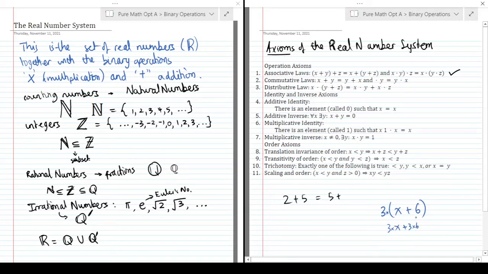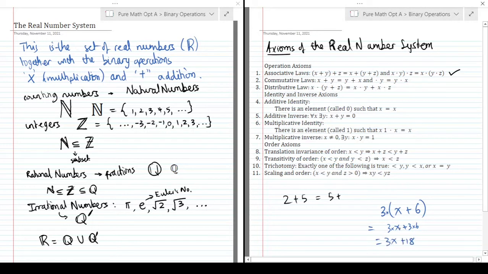Why do you have to do that? Because of the distributive law. The distributive law says that multiplication distributes over addition. So you have to say 3 times x and you have to say 3 times 6 as well, right? So this will be 3x plus 18.